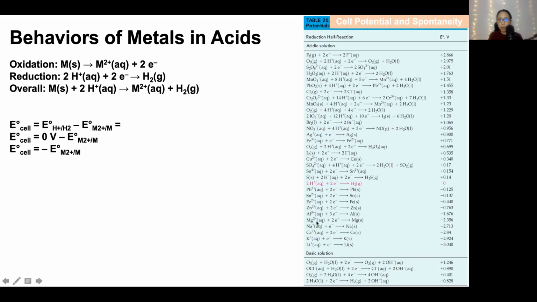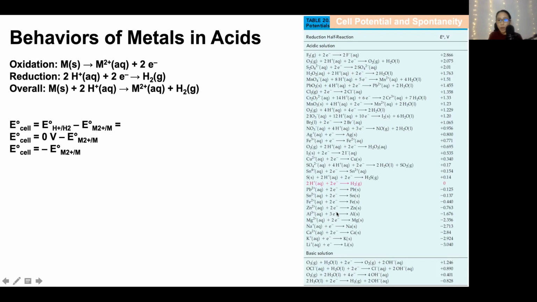Because if you look here, its standard reduction potential is negative 2.356. So plug this into our formula, that's negative of negative 2.356, which will give us a positive cell potential. Again, if your standard cell potential is positive, the reaction is spontaneous. So that means magnesium metal will react with acid, dissolving and producing hydrogen gas.